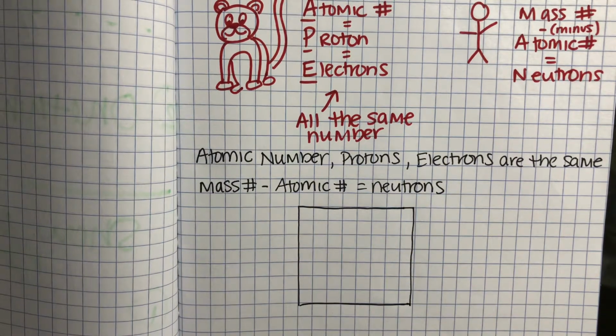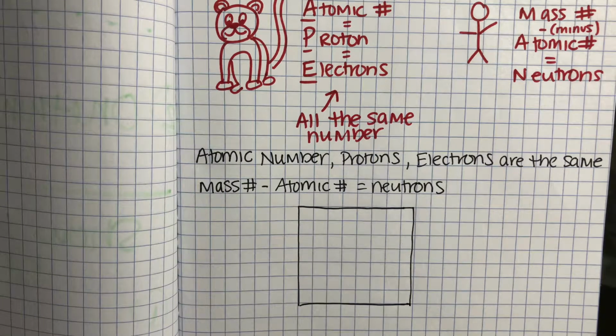This is like what we would see in the periodic table of elements. Each of the elements have their own little square where it has the information about them. So I'll give you a chance to write that down.